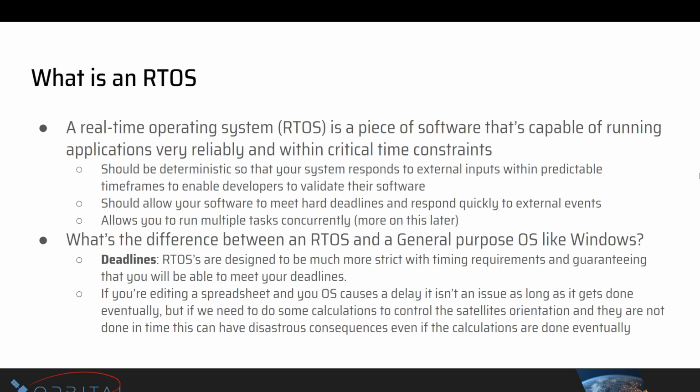For example, if you're editing a spreadsheet on Windows and it starts lagging, it doesn't really matter. Nothing's going to happen, you're not going to die, as long as it gets done eventually. But with an RTOS, there are a lot of times, like in a real-time system, where you need it done in time, and just doing it eventually isn't enough.